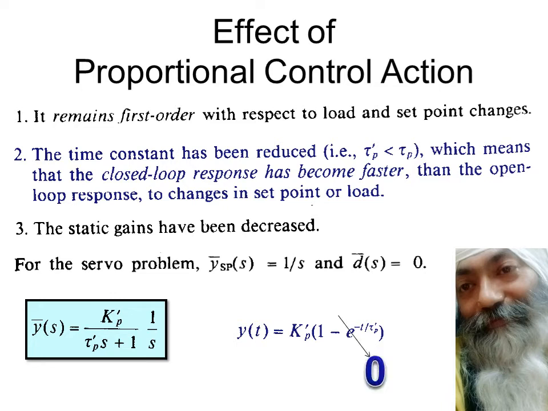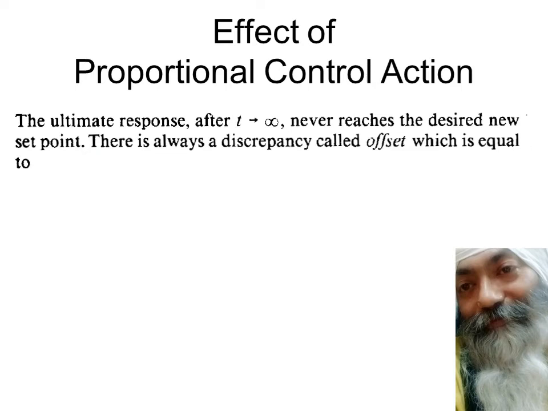So that's what I was telling you, that as t approaches infinity, this term will become 0 and you will be left with the final value as k dash p. It will never reach the desired set point of unity. There will be a difference between the two, and this difference is called offset.